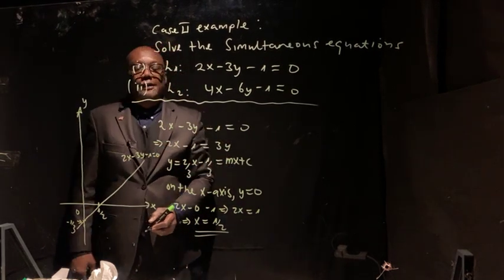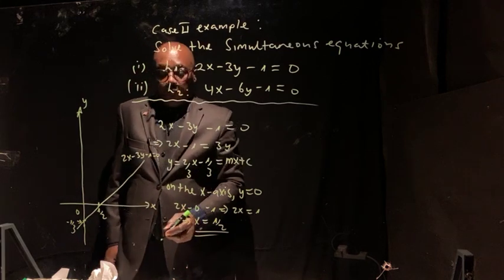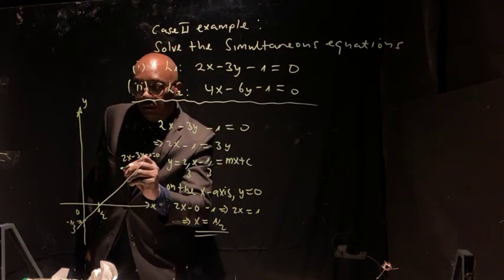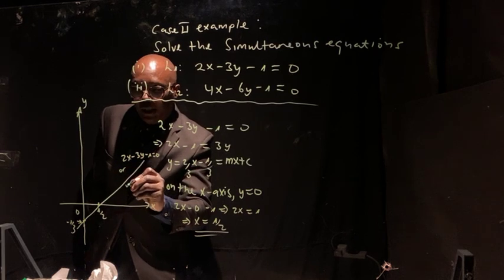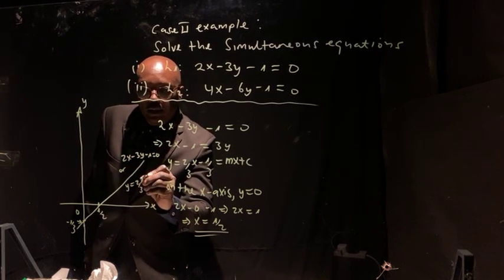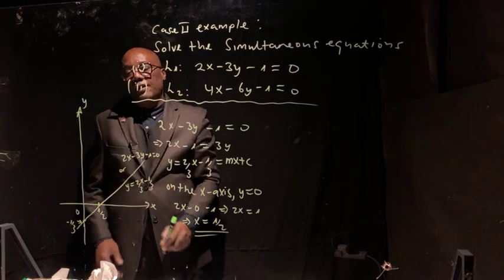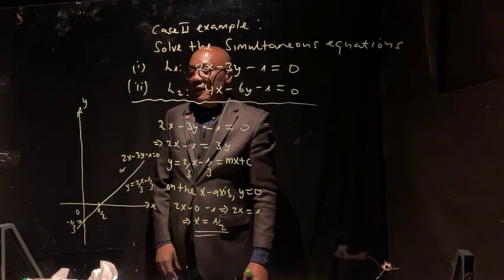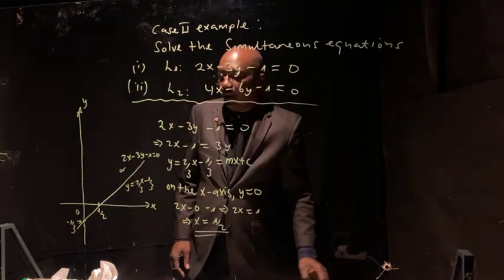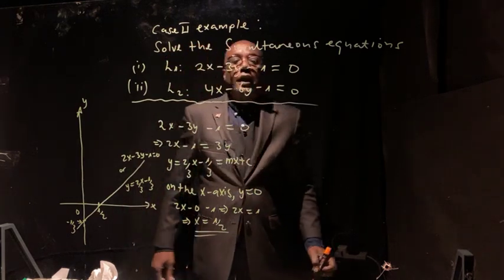This is that line. Also, you can use the equation y equals 2/3 x minus 1/3, which is the same line, the same equation. Very good. Then, secondly, let us go to the second line.